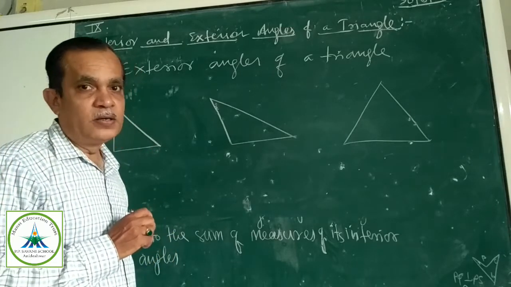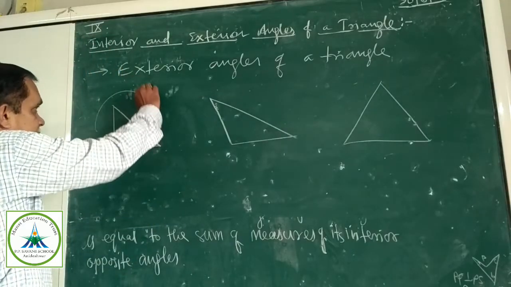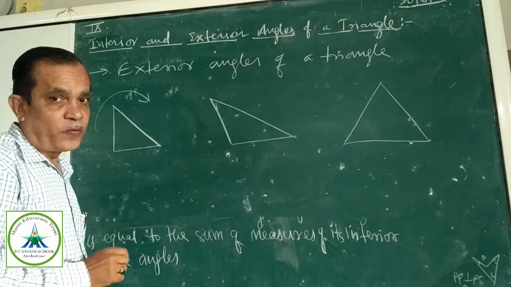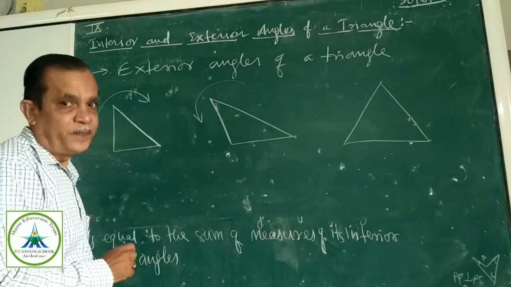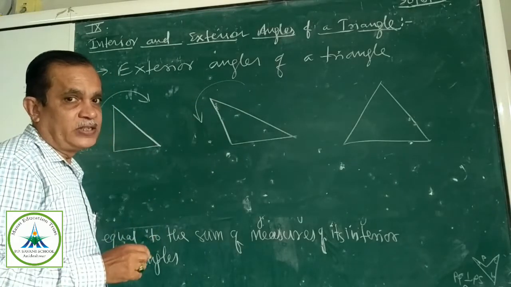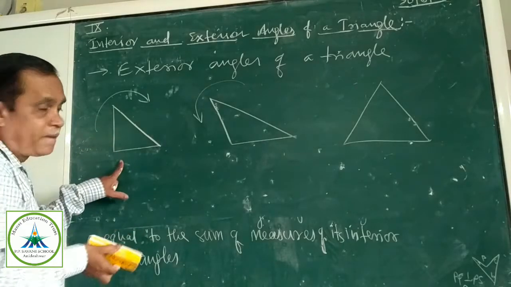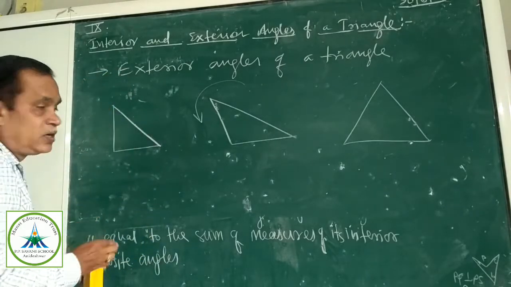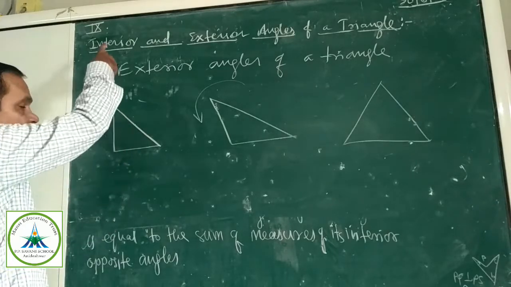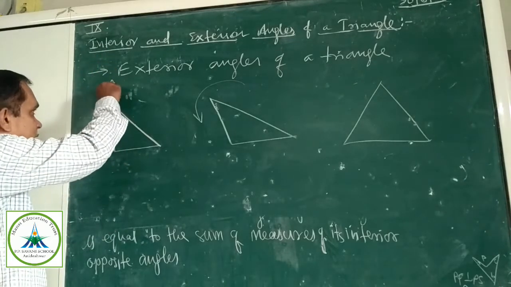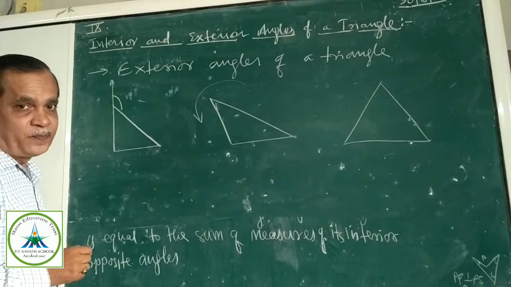either clockwise or anti-clockwise. If I produce this way, clockwise, if I produce this way, anti-clockwise. Remember the direction. If I extend this side up, I am getting one more angle after extension.